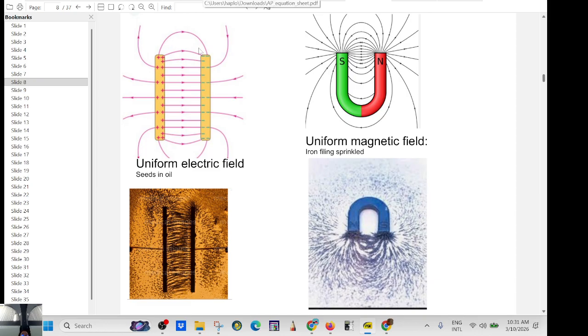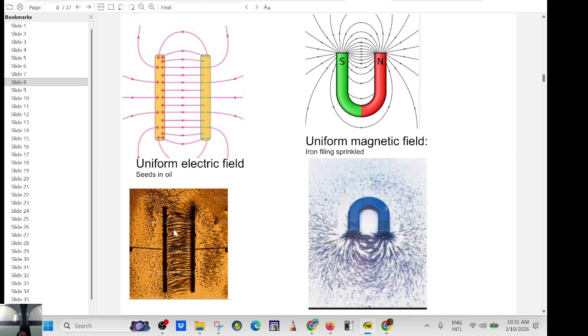Okay, the same way you have an electric field here, uniform electric field between the plates of a capacitor. It's almost uniform here between the poles of a horseshoe magnet. You use little seeds here to visualize the electric field, and you're going to have a torque applied to those little seeds. It's going to be polarized.